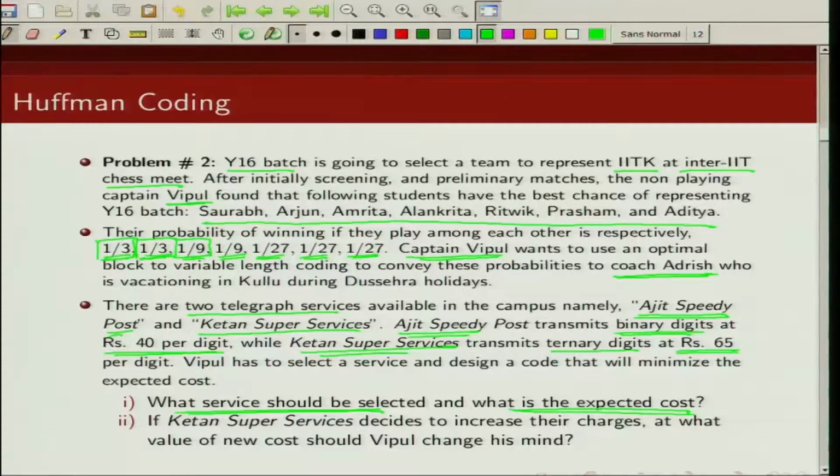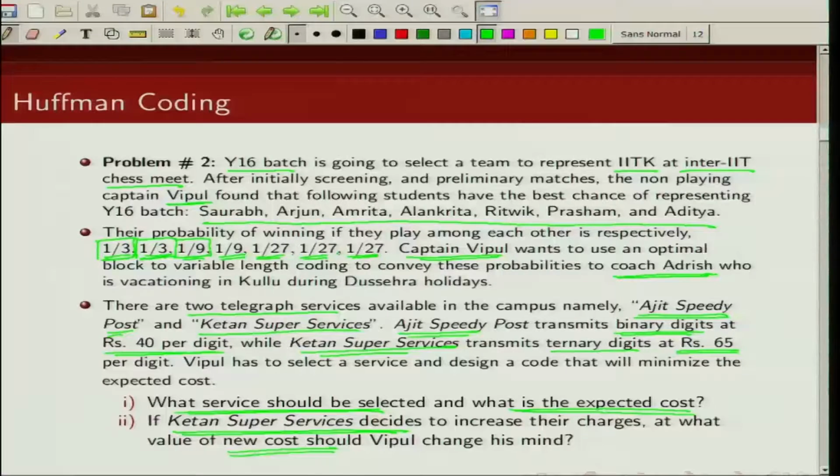So what service should Vipul use to communicate this information to his coach Adrish, and what is the expected cost? That is the first question. The second question is, if Ketan Super Services decides to increase its charges, at what new rate will Vipul change his mind? So this is the problem statement. Clearly one service uses binary bits, the other uses ternary bits. So Vipul first has to create a Huffman code, because he is using block to variable encoding to encode these probabilities.